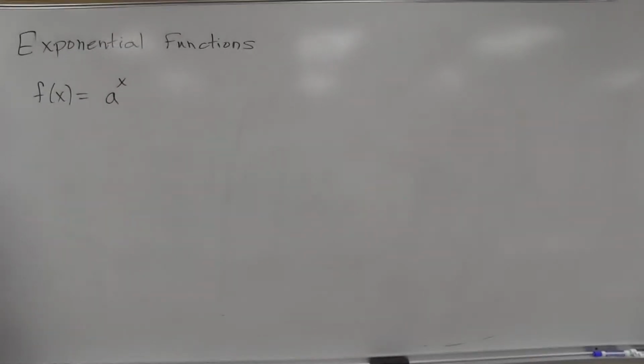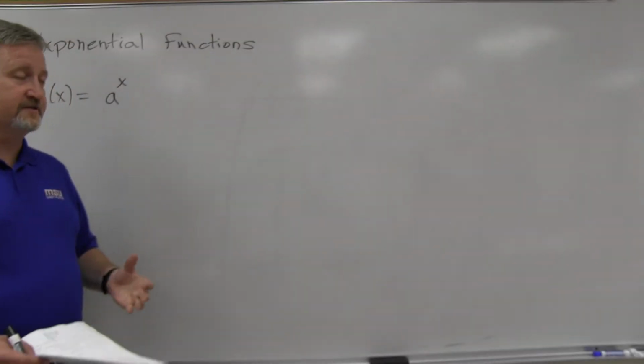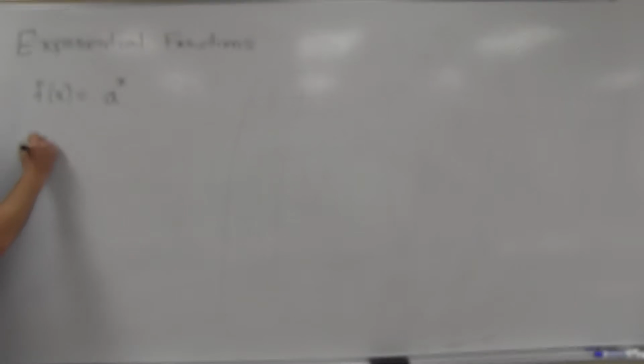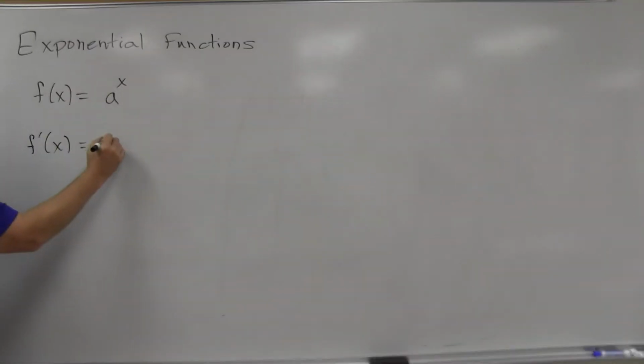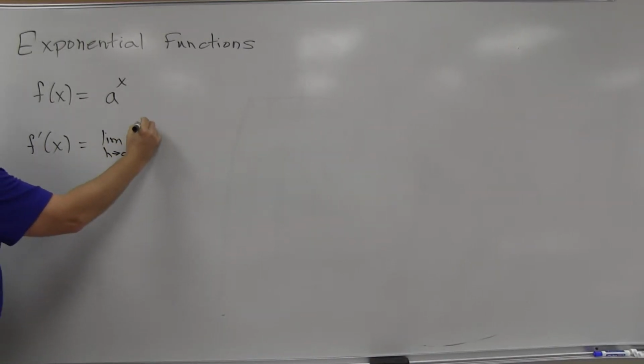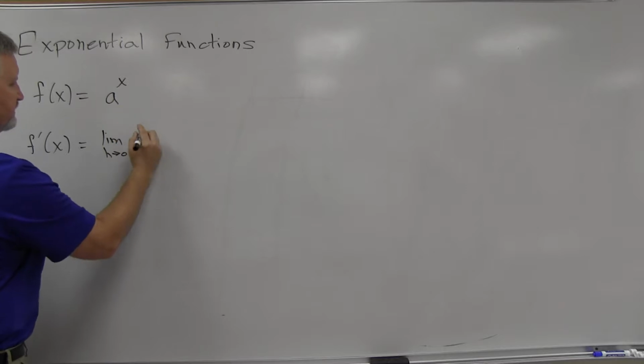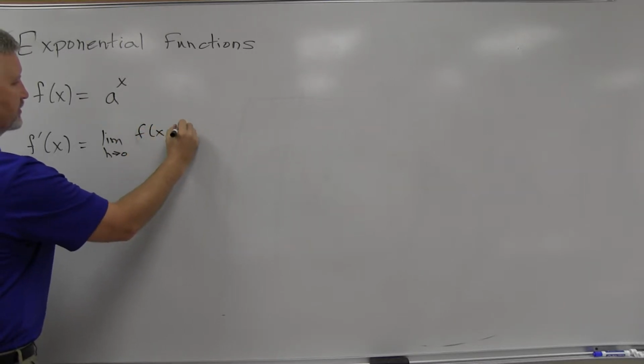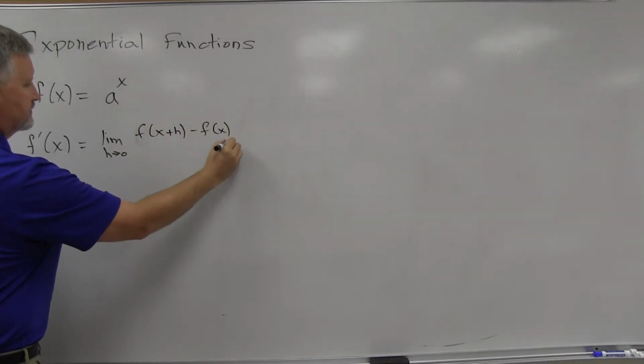Now, we can get a little bit of information out of the definition, and that's why I mentioned earlier to recall what the definition of derivative is. The derivative, definition-wise, tells us we have the limit as h approaches 0 of f of x plus h minus f of x over h.